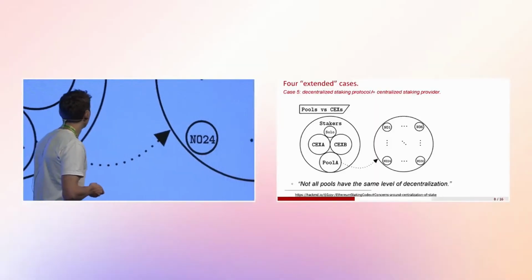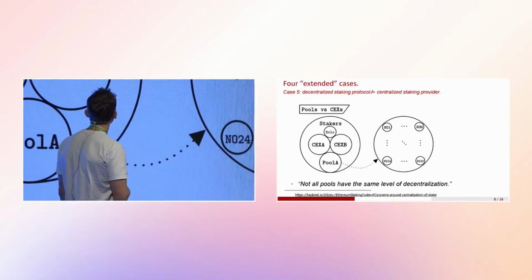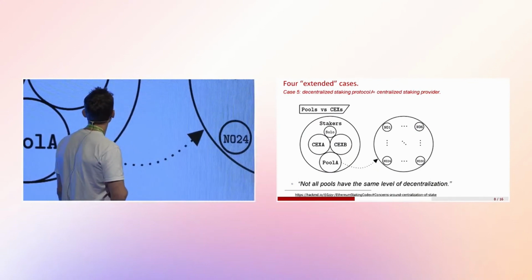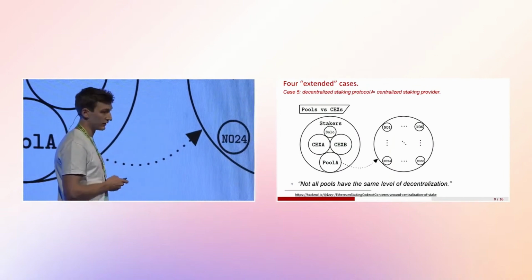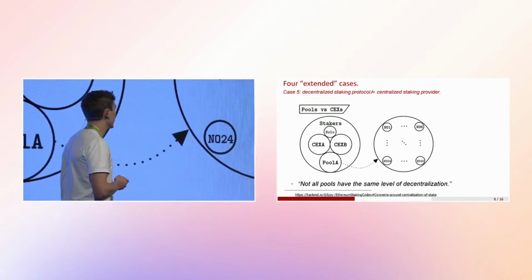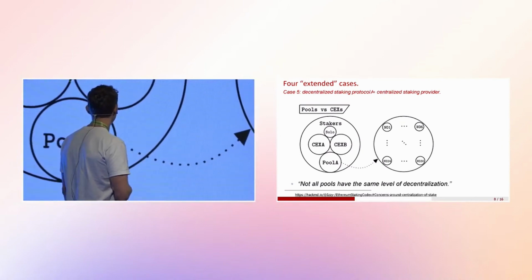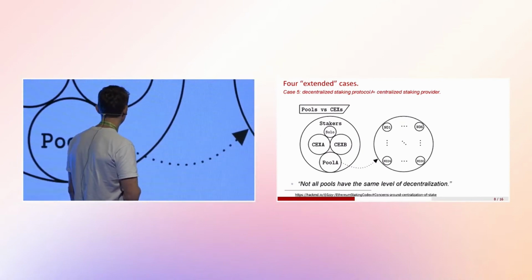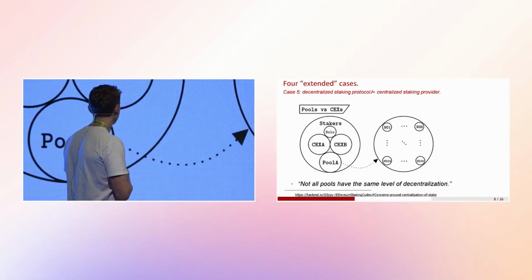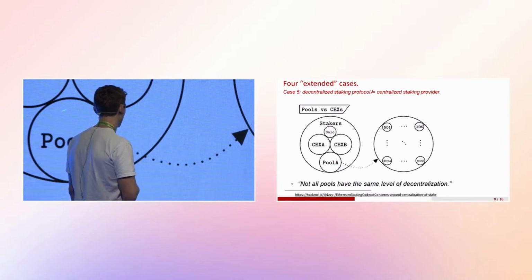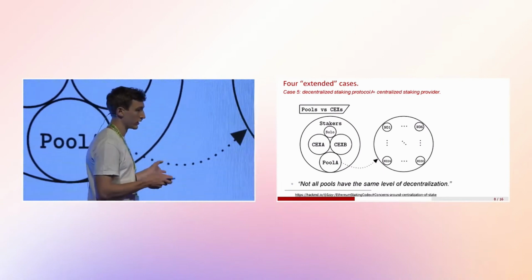Case 5 highlights the difference between a centralized staking protocol and a decentralized staking protocol and a centralized staking provider. In this hypothetical world, we have our set of stakers, and there are 2 centralized exchanges, CEXA and CEXB. We still have our solo stakers, and then there's a pool A. You could imagine that this pool might be composed of many different node operators.